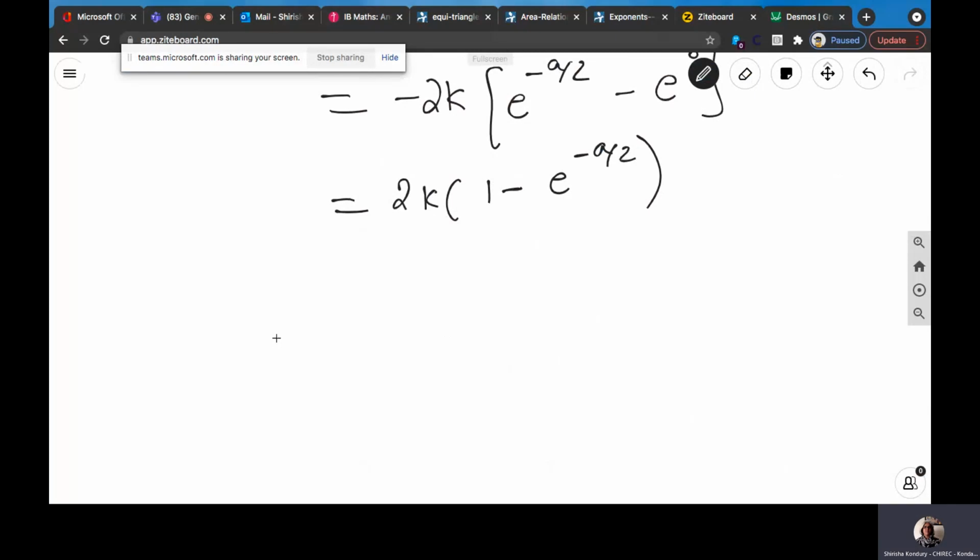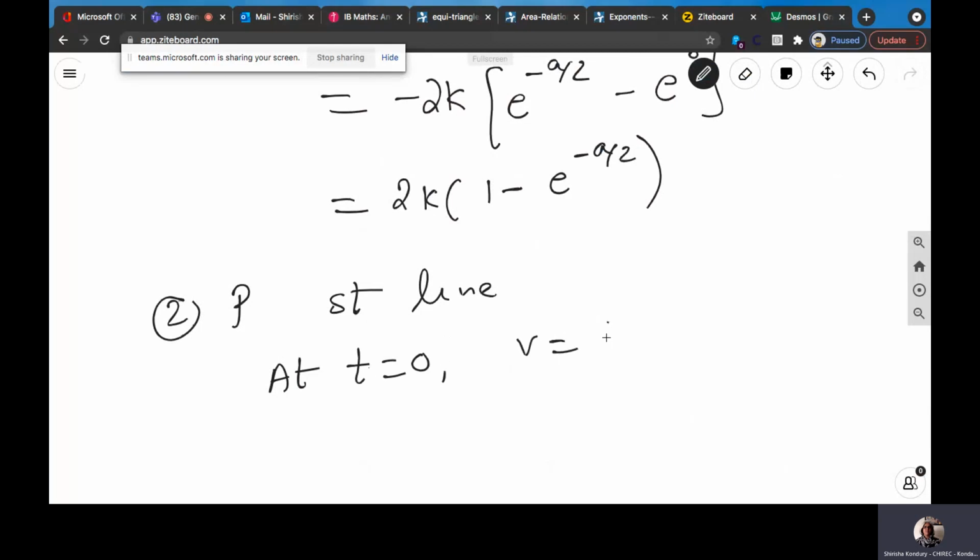There's a particle P which is moving in a straight line. At time t equal to 0, the velocity is 12 meters per second.